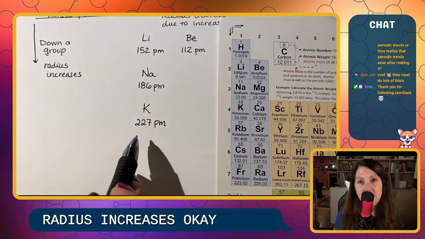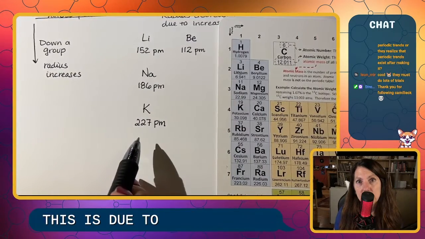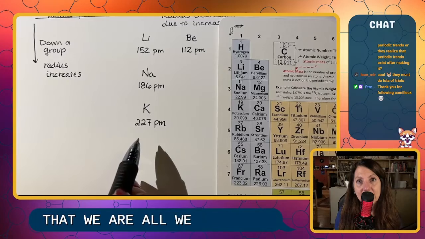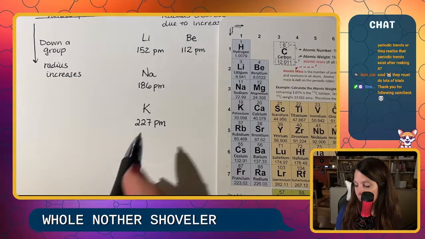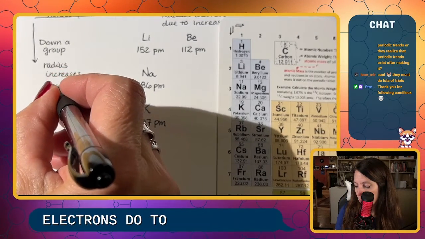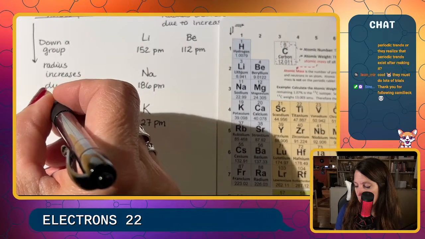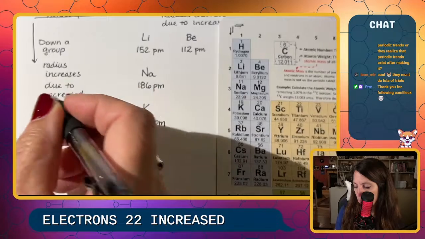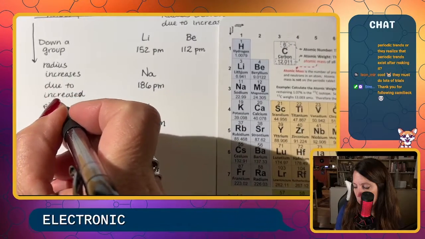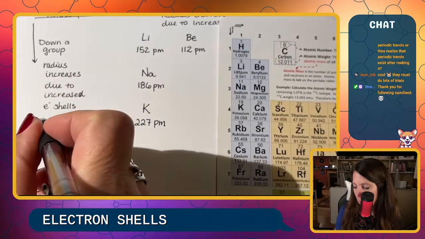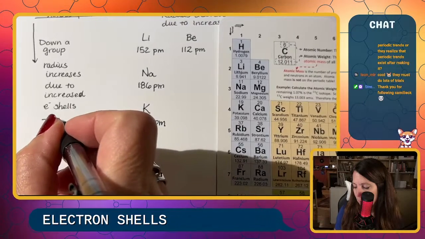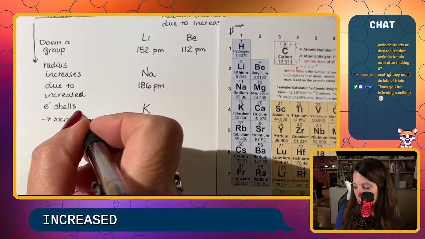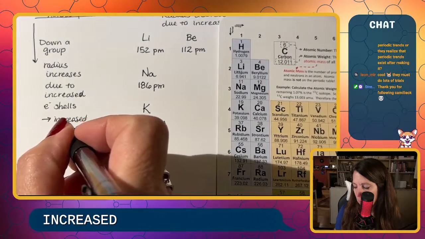And this is due to the fact that we are always adding a whole other shell of electrons. Due to increased electron shells, which means increased distance.